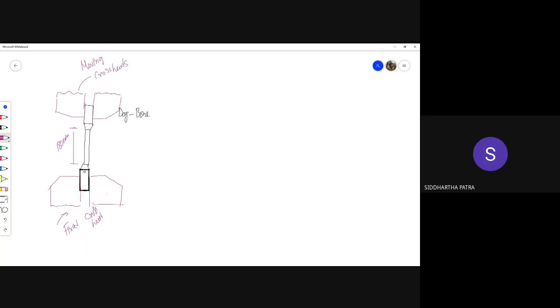By making the cross section larger at the two ends, we are ensuring that the fracture doesn't happen there. We are deliberately making the central portion the weakest portion, so that the fracture actually happens in this 180 millimeters and not in the portion that is supposed to be gripped. That's why you make larger diameter right there.